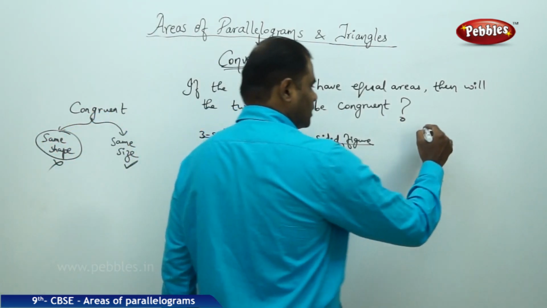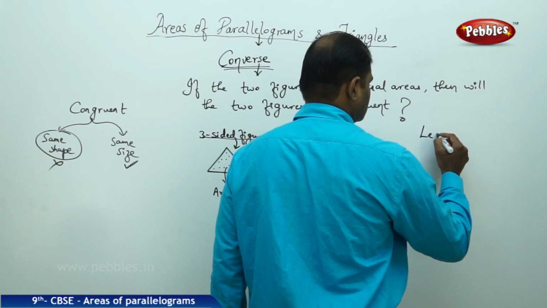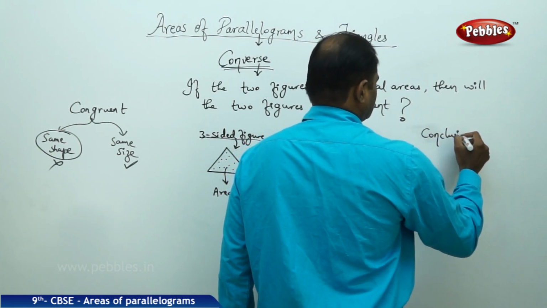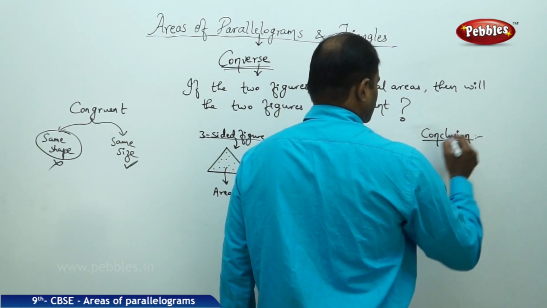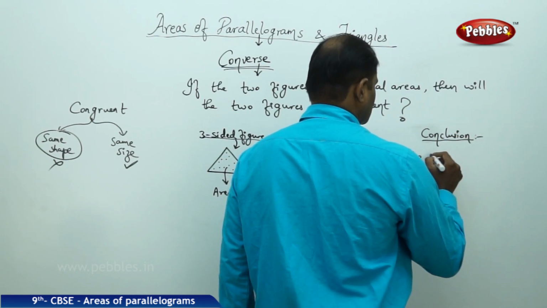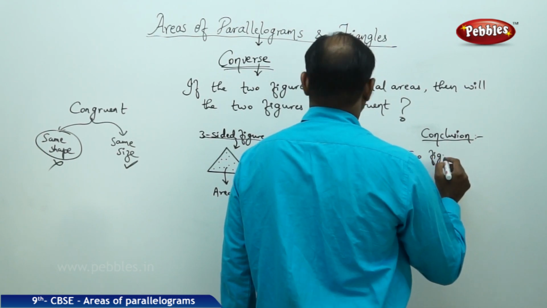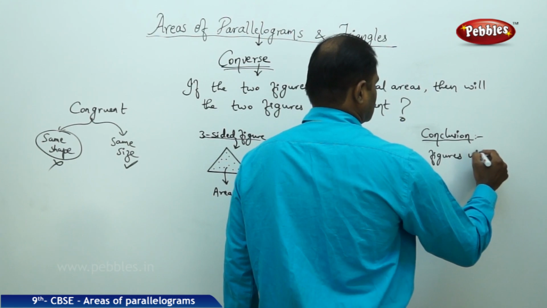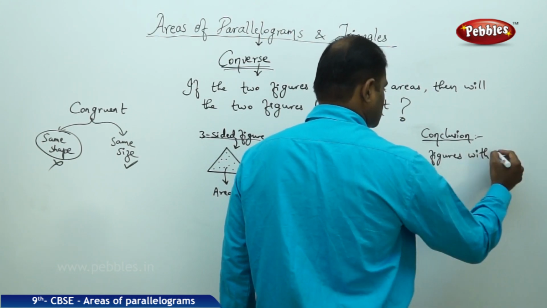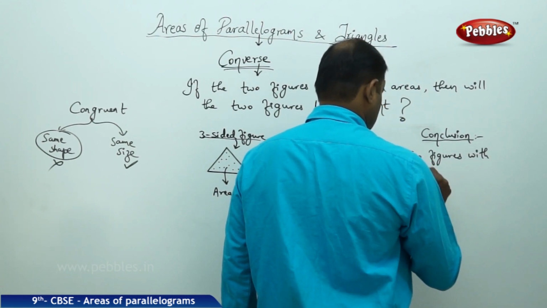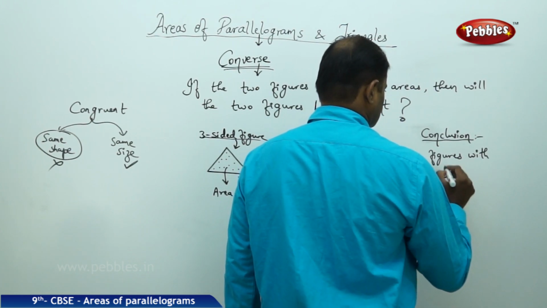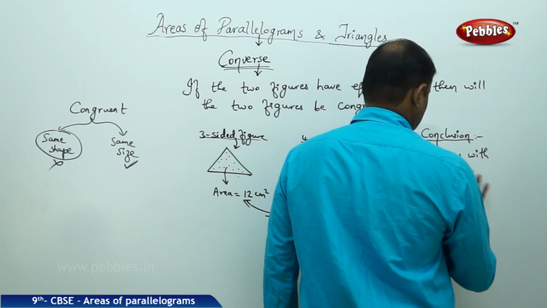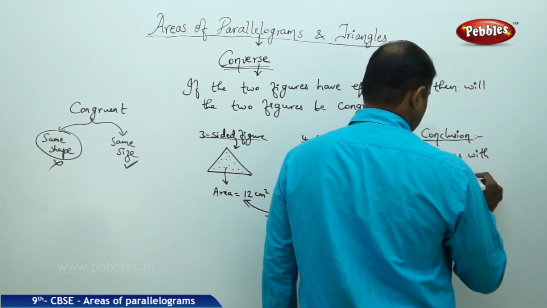Therefore, my learning outcome, or the conclusion here, is that two figures with equal areas need not be congruent.